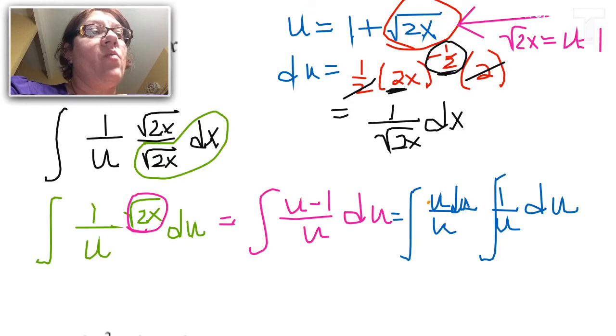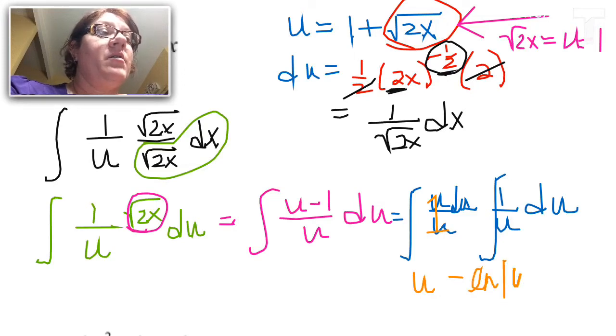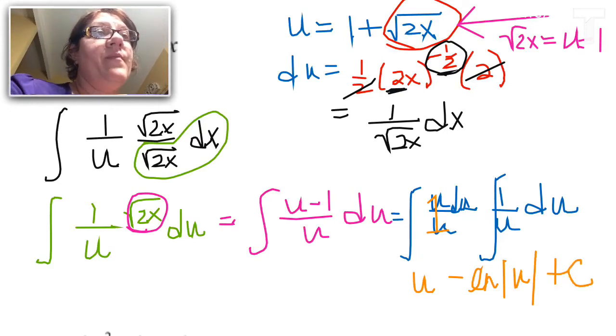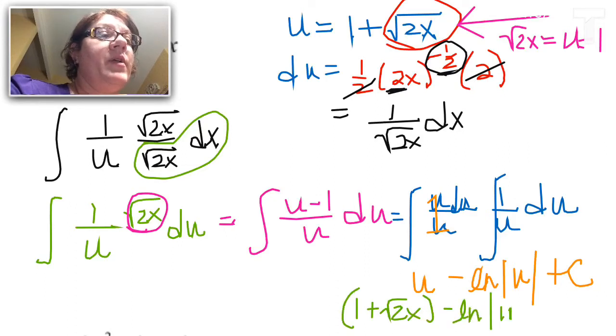So of course this one is 1, and the antiderivative of 1 with respect to u is just u minus natural log of absolute value of u plus c, and then I'll go back. I'm almost there, and I'm going to substitute back in for u. So there's the first one, minus natural log 1 plus square root of 2x there also, plus c.